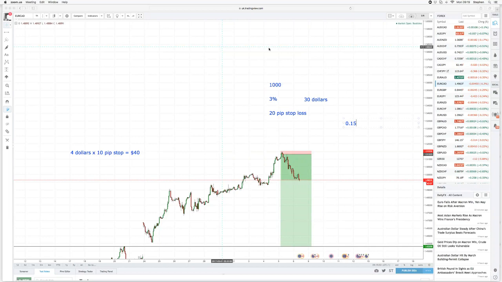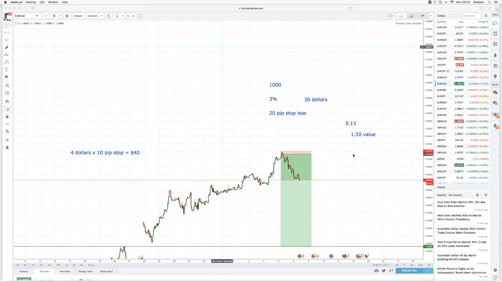This would be the equivalent to about £1.50 or $1.50, because it's taken into account the stop loss. So in our brokerage, we'd put 0.15. So when we times 0.15 or $1.50 by 20, you have exactly your $30.